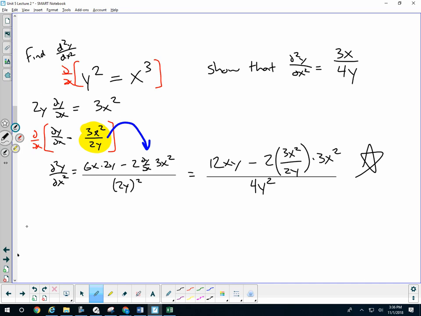Let's go ahead and start simplifying this. 2's cancel. 3x squared would be 9x squared over y. 9x to the 4th over y. What am I doing? Common denominator.